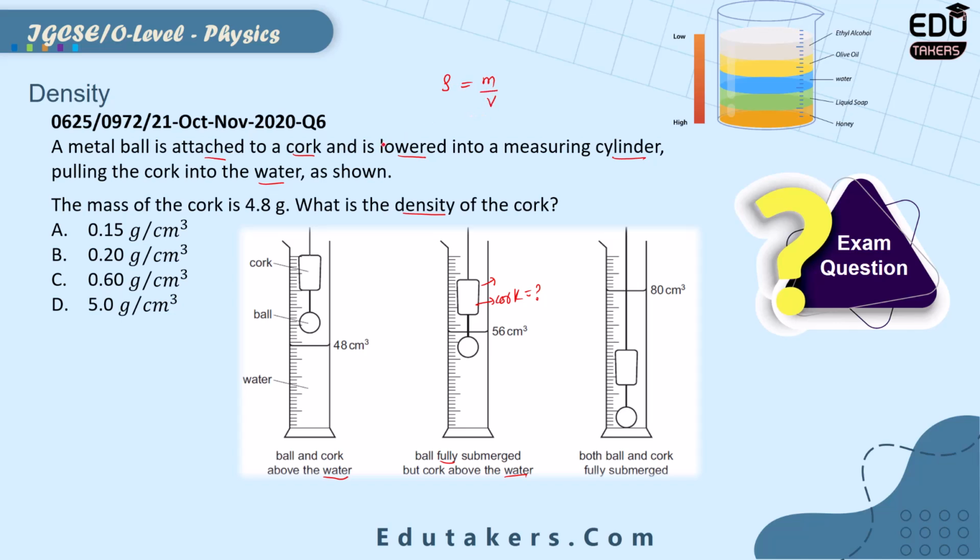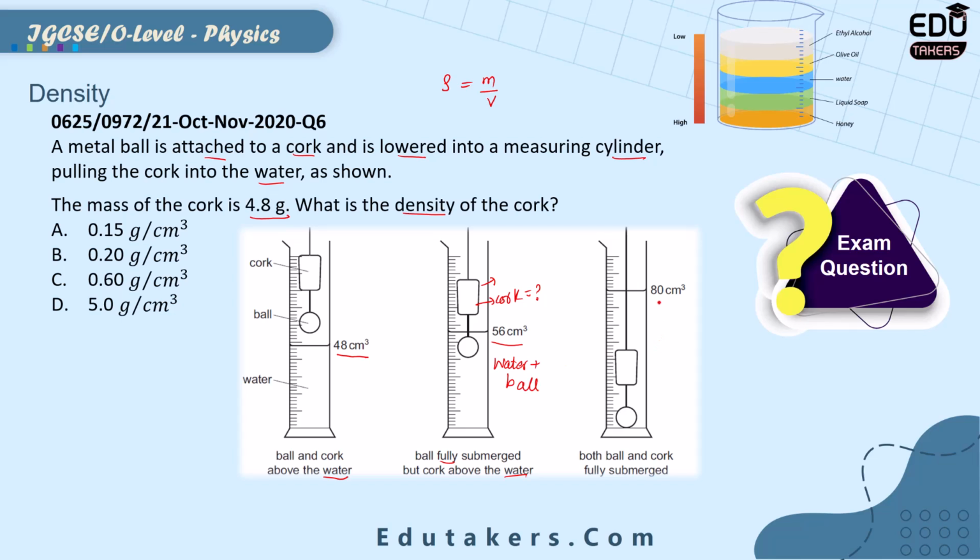The mass of the cork is given, which is 4.8 gram. You also need to find out the volume of the cork. In the first figure, you can see here the volume of the water is given, which is 48 cubic centimeter. In the second figure, the volume is given 56 cubic centimeter. It is the combined volume of the water plus ball.